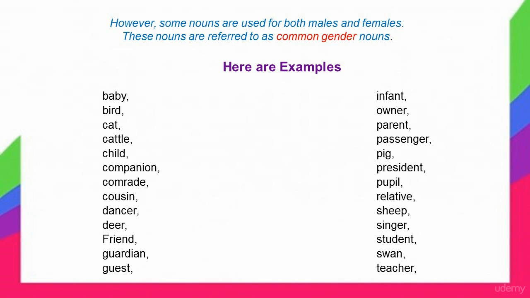Here are examples: baby, bird, cat, cattle, child, companion, comrade, cousin, dancer, deer, friend, guardian, guest, infant, owner, parent, passenger, pig, president, pupil, relative, sheep, singer, student, swan, and teacher.